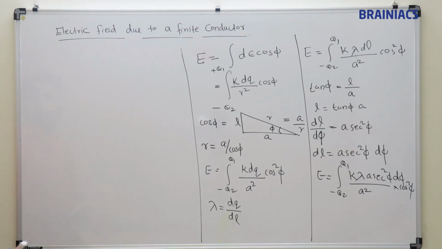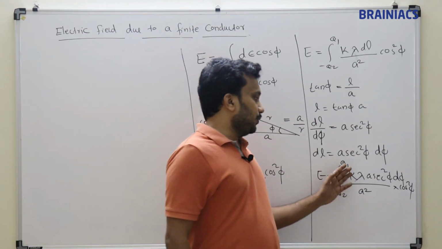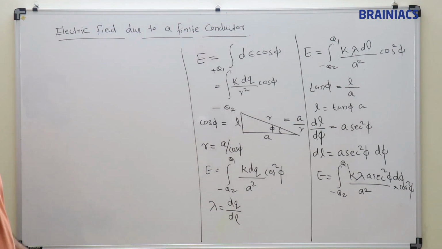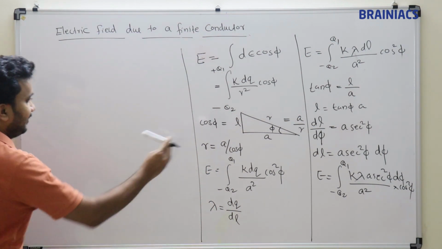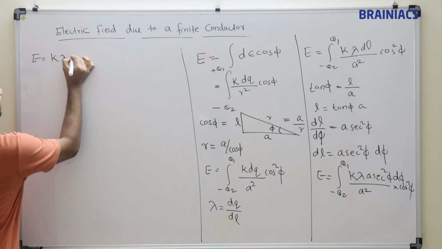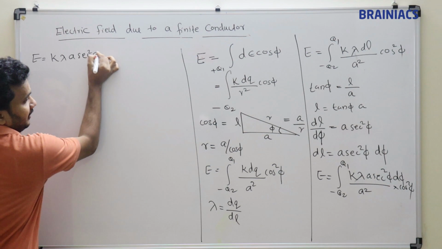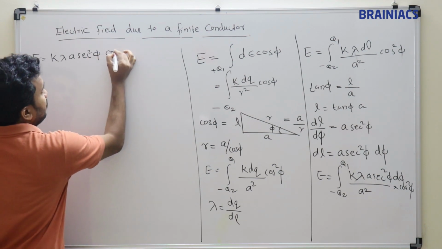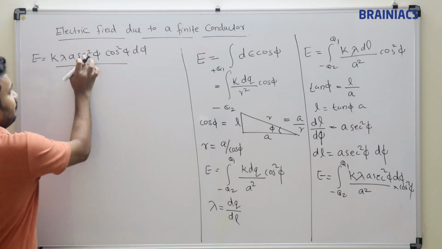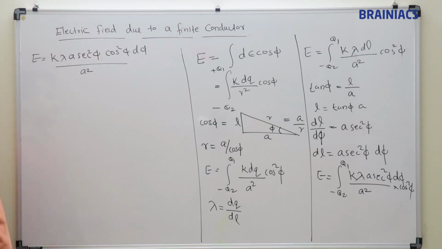So E is equal to the integral from minus theta 2 to theta 1 of K lambda A sec square phi into cos square phi d phi, whole divided by A square. What is sec square phi into cos square phi?